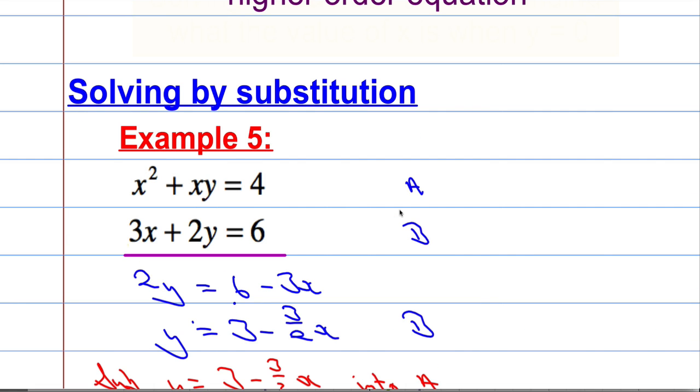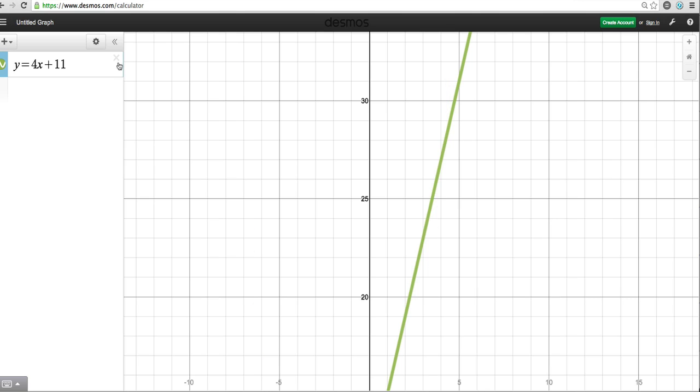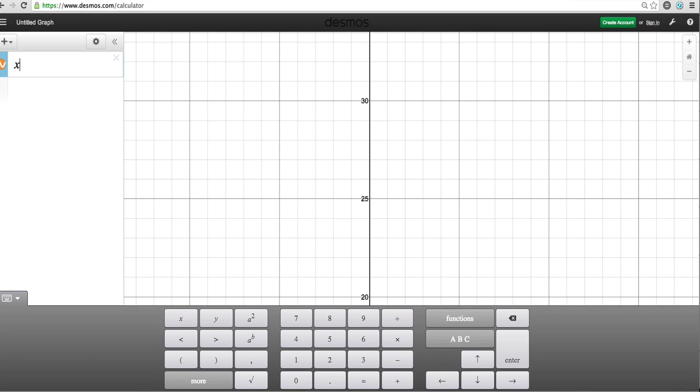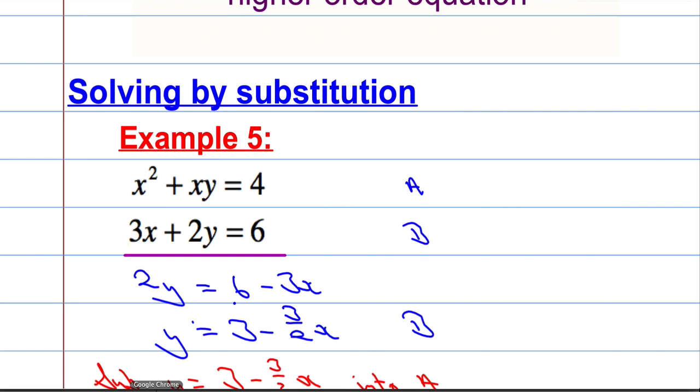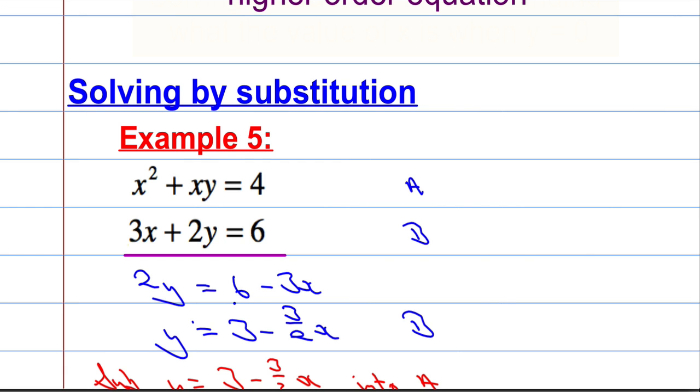So let's go all the way back up here over to Desmos just to confirm what I'm fairly certain is right. We had x squared plus xy equals 4 and the other one 3x plus 2y equals 6.